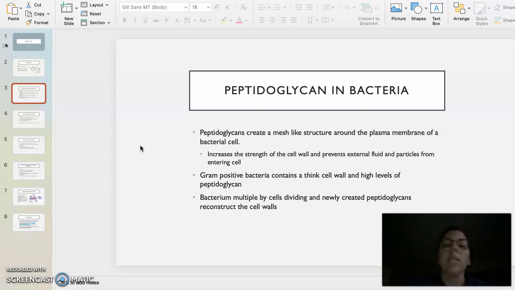In contrast, gram-negative bacteria contain a thin cell wall and low levels of peptidoglycan. And so when bacteria go through cell division, they multiply, and newly created peptidoglycans reconstruct the cell wall.